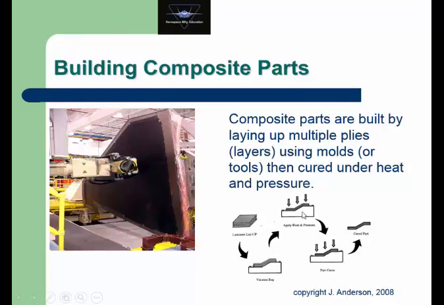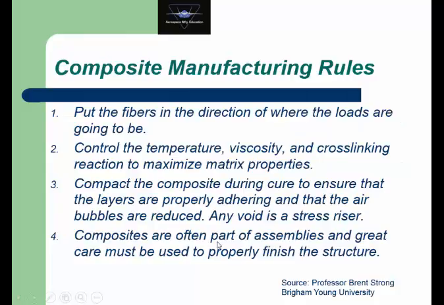We apply heat and pressure to this laminate to make it conform very closely to the mold and to cure, and then we do a post-cure, whatever the post-cure process is, and then we pull out the finished part.